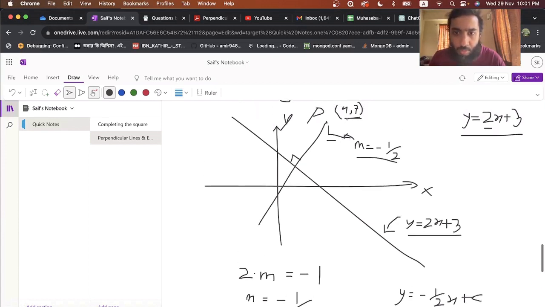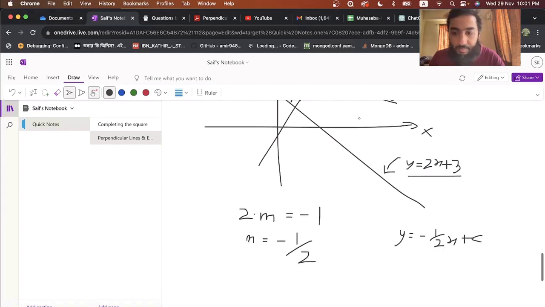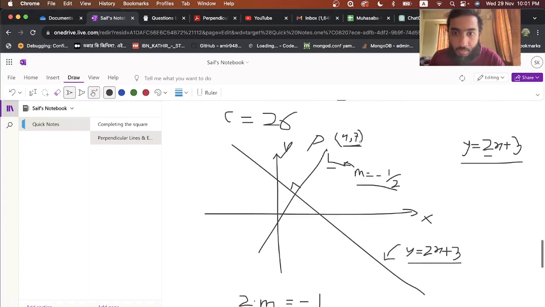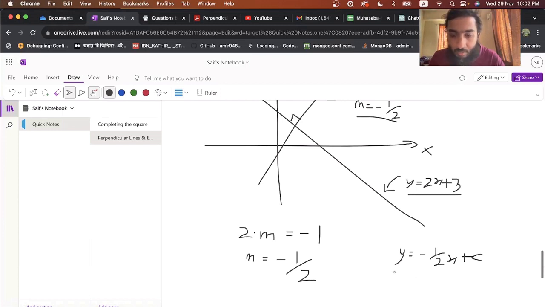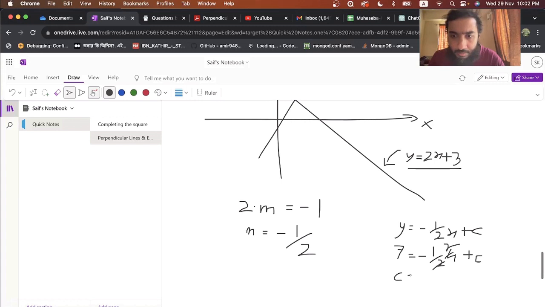Now L passes through the point (4, 7), so if we use the coordinates of x and y, y is 7 and x is 4, so 7 equals -1/2 multiplied by 4 plus c. So c is, if we take the minus 2 over, 2 plus 7, which is 9.